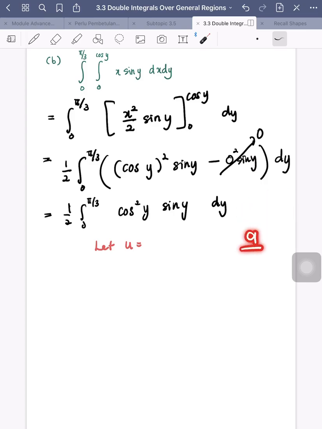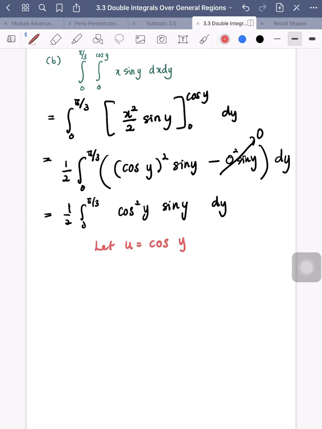Most probably you choose the bottom to become u, unless it involves ln, then you choose the upper one. Normally the bottom, unless it involves ln. If you have a squared b, you choose this a to become u. The one that has a power or complicated things, you choose as u. Normally, these are just tips. Okay, u is equal to cos y.